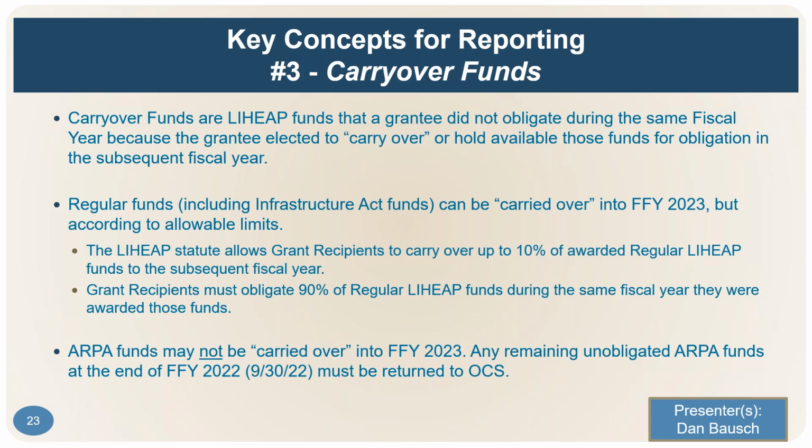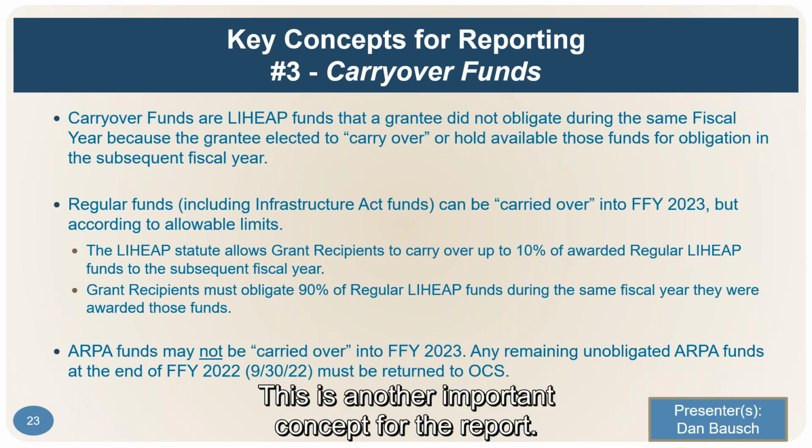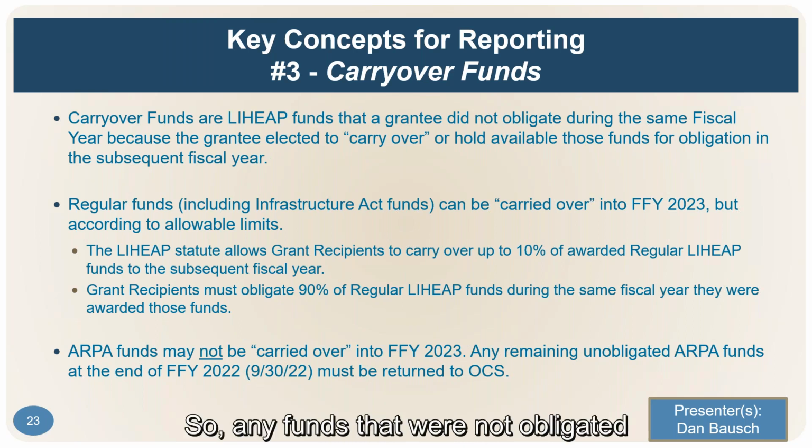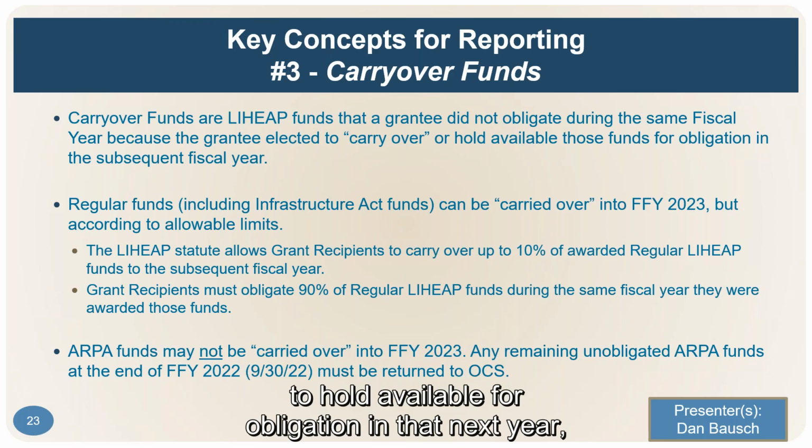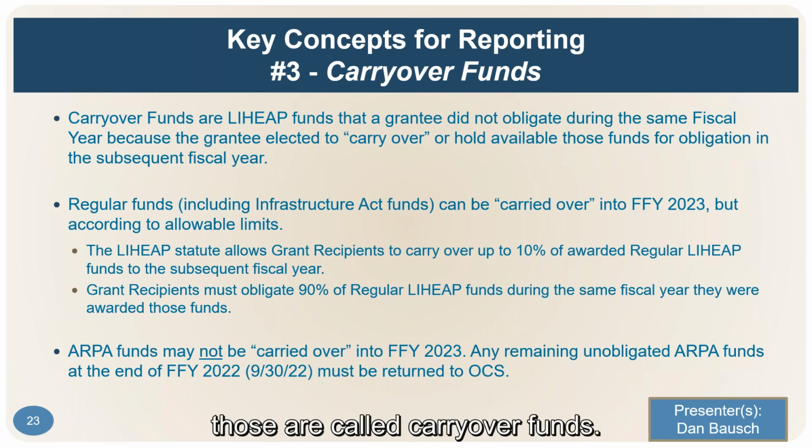Okay. All right, carryover funds. This is another important concept for the report. So any funds that were not obligated that you are electing to carry over or save for the subsequent year to hold available for obligation in that next year, those are called carryover funds.